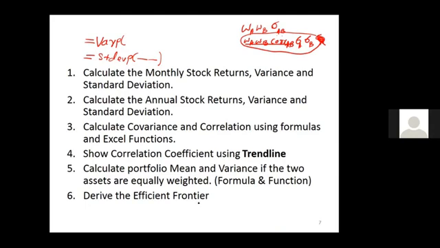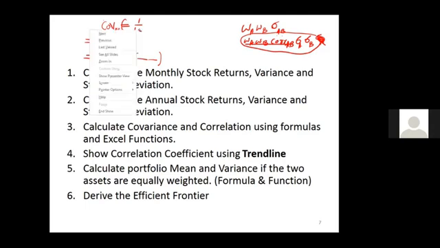So normally the covariance value between A and B, we calculate covariance between asset A and B. We consider a 12 months period, number of months here.